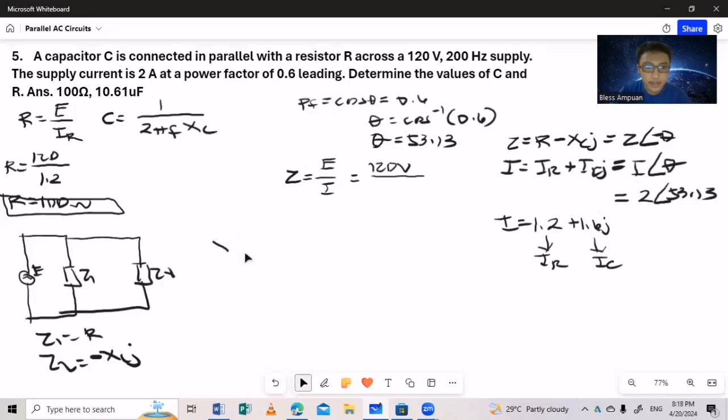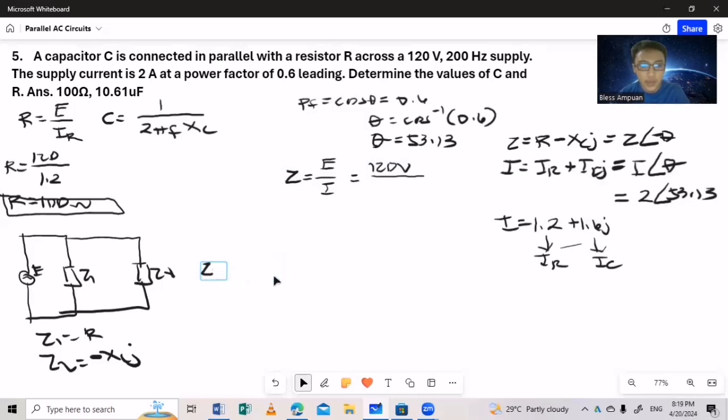Okay. So we know that our Z sub 2 is equal to negative X sub C J. So how are we going to get the X sub C? Okay, I have an idea.